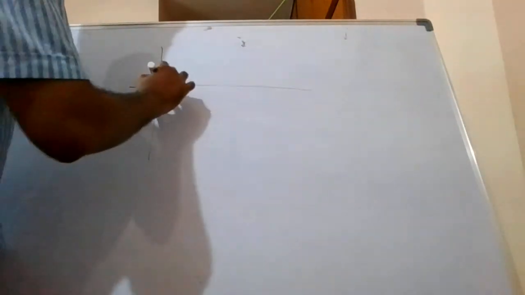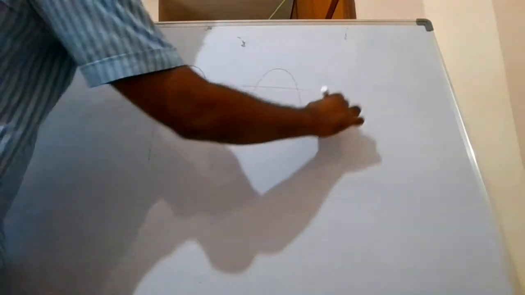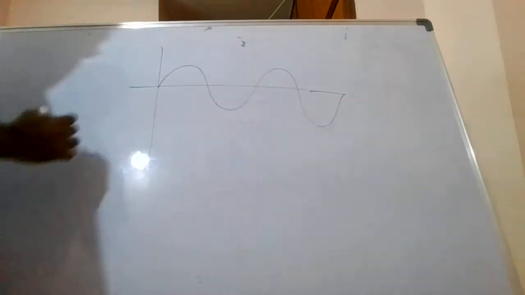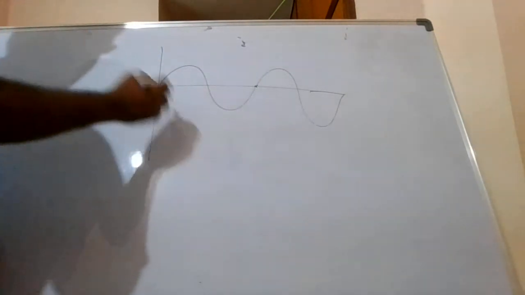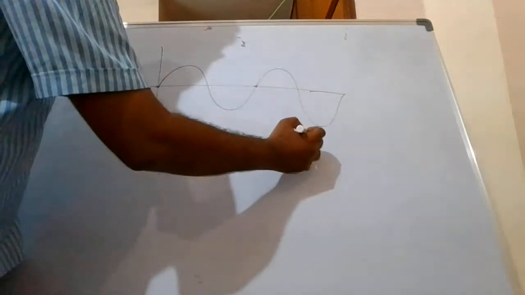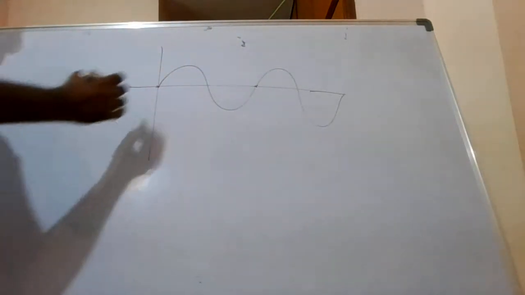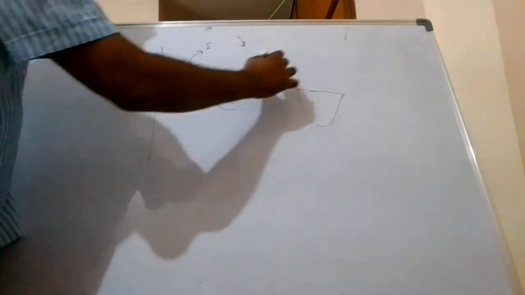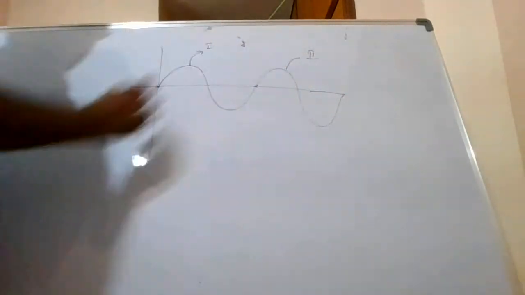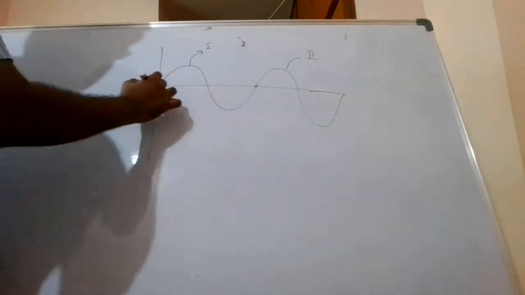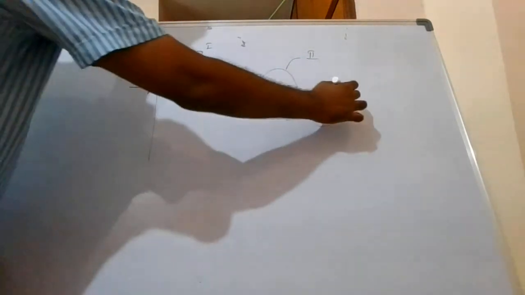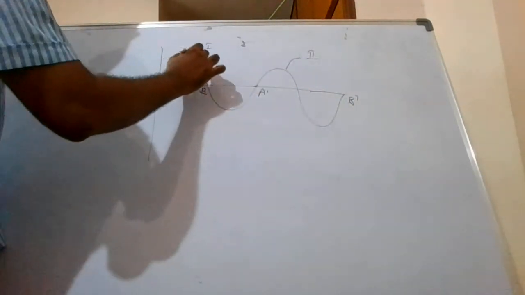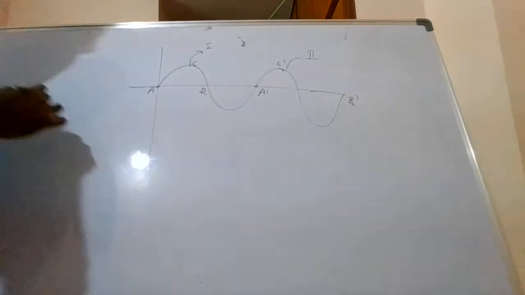So, let us say you have taken a wave, okay? From here to here, I will call this wave 1, and from here to here, I will call this wave 2. So, this corresponds to wave 1, and this corresponds to wave 2. I'll put some names here. This is A, this is A dash, this is B, this is B dash, this is C, this is C dash.